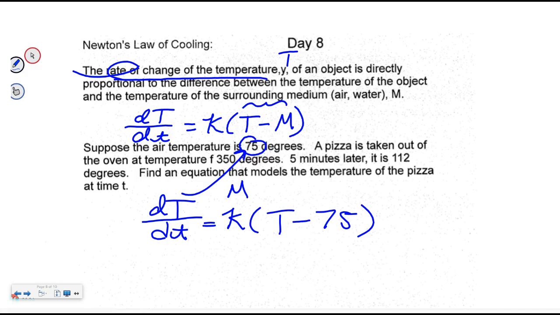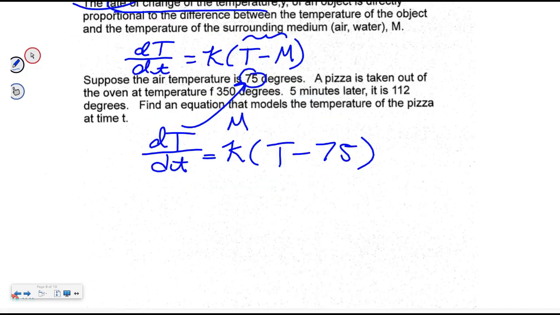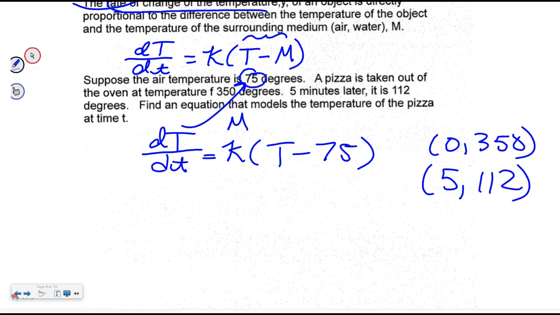All right, so now what we do is kind of the same process. I have to chart the temperature of the pizza right now, or the dead body the minute I call Eli in, because he's a forensic scientist, he will take the temperature of the body. The pizza right when I took it out of the oven was 350 degrees. Also, 5 minutes later, I have to figure out how fast this is cooling, and then I can get a model.